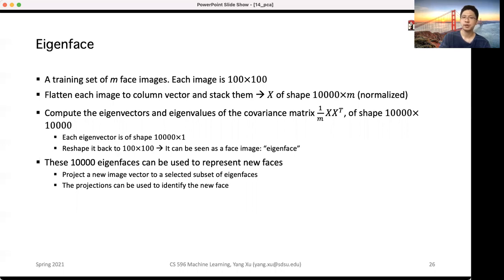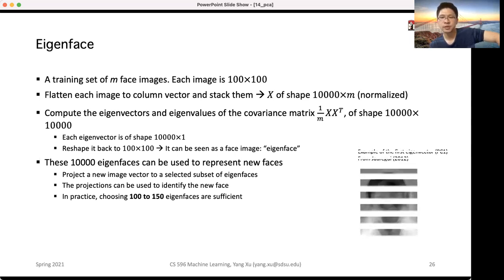The projection can be used as the identity for the new face. In practice, we only choose 100 to 150 eigenfaces, which is usually sufficient in usage.